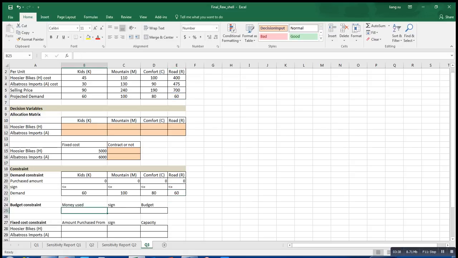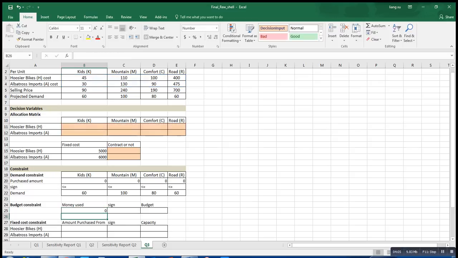And the next set of constraints is the money used constraint, the budget constraint. It basically says the total amount of money you spend for purchasing these bikes has to be less than or equal to the total amount of money you have. So the total amount of money you spend purchasing the product is the unit cost of each bike from each supplier multiplied by the corresponding quantity of each type of bike you purchase.